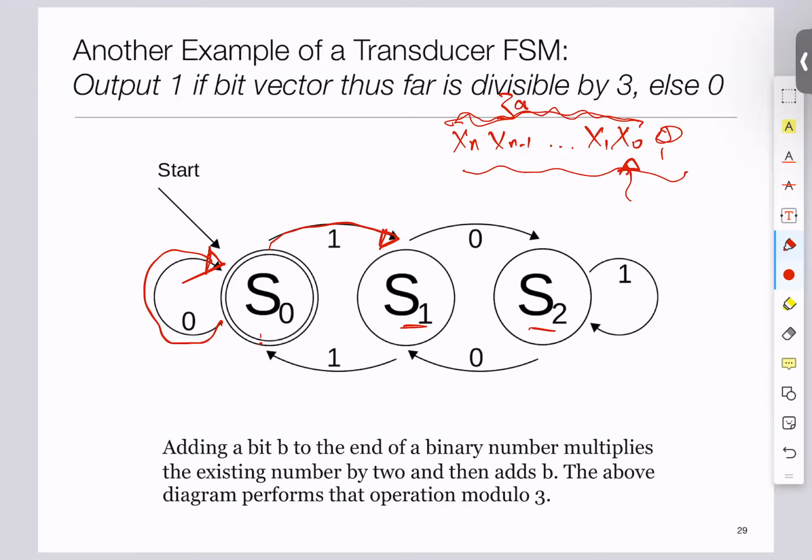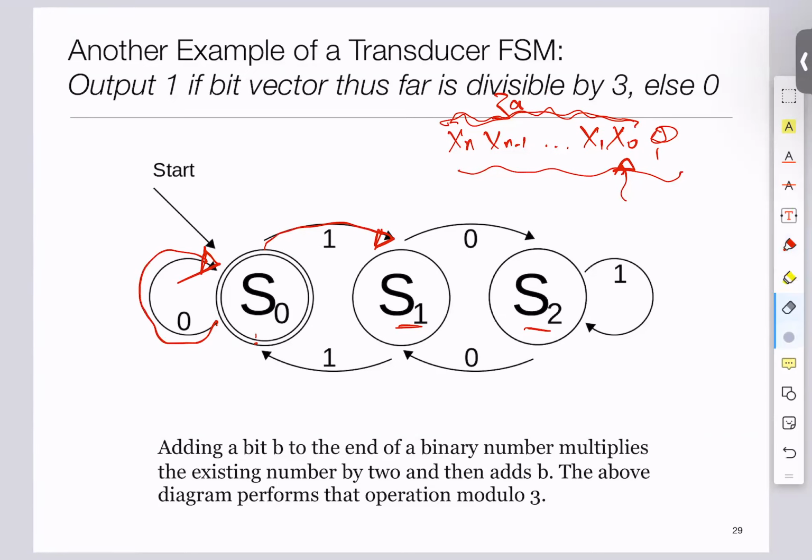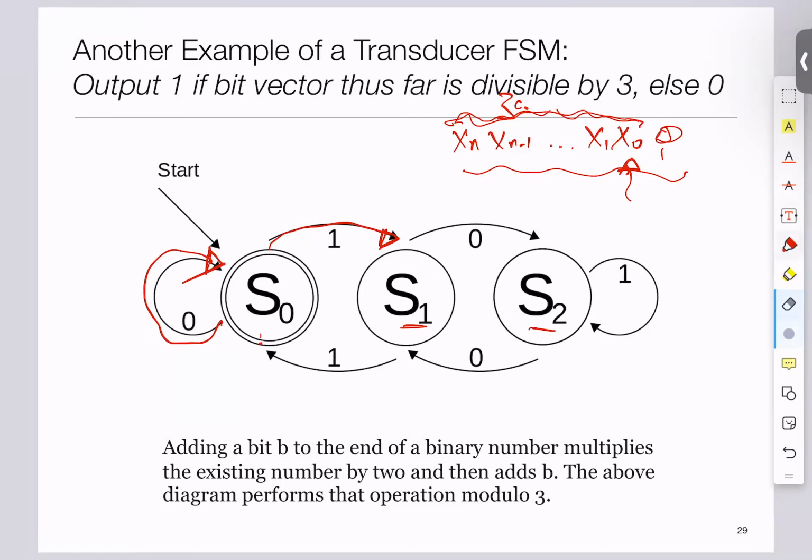Let's say this number xn through x0 was modulo 3 equal to 2. Then I can say it is 3a plus 2. And again, I play the same game. If the new bit is 0, then it's 3a plus 2 multiplied by 2, so that's 6a plus 4 plus 0, and the modulo would be 1.